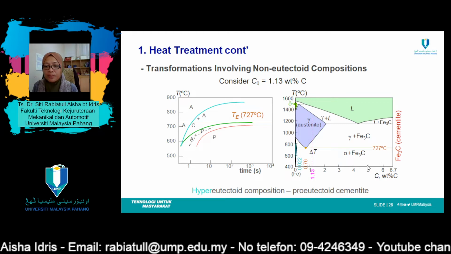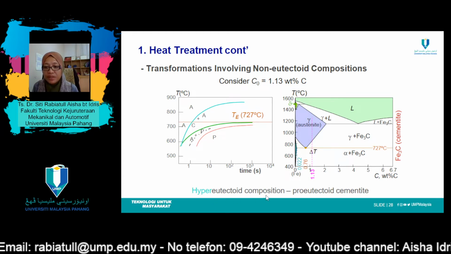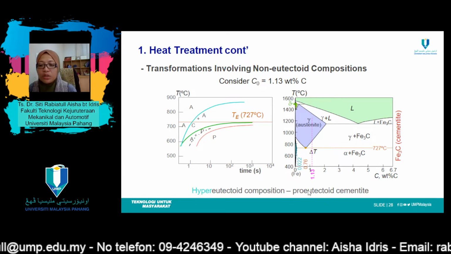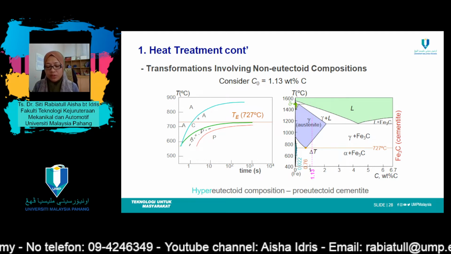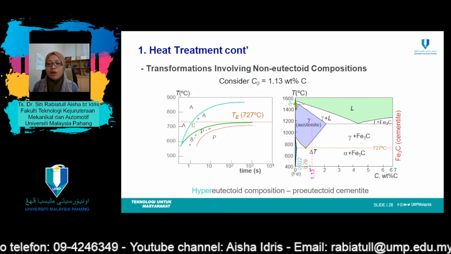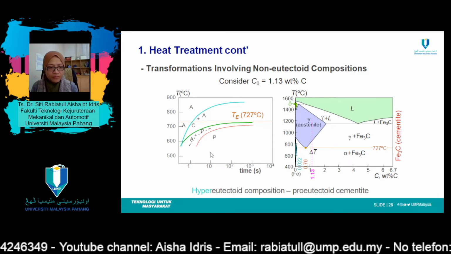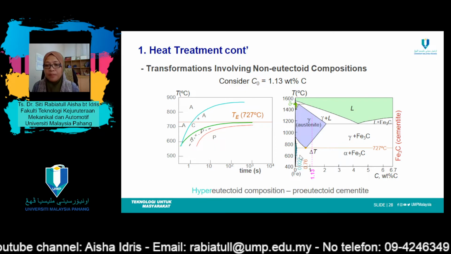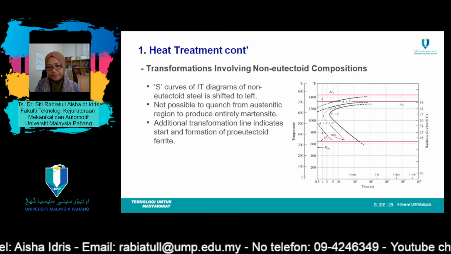Beyond that percentage is known as hypereutectoid composition, whereby it has proeutectoid cementite in it, or some people may call it proeutectoid cementite. And below that is called hypoeutectoid.